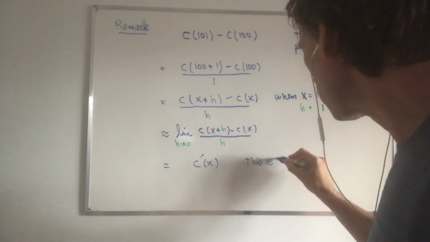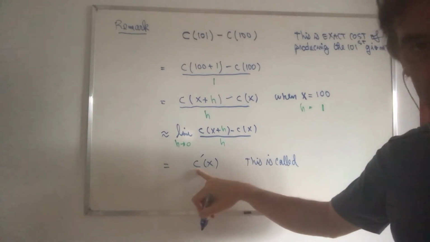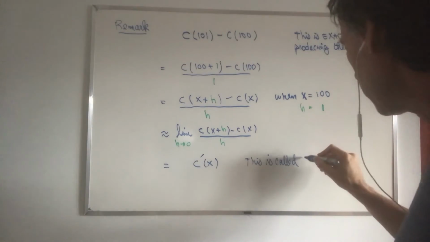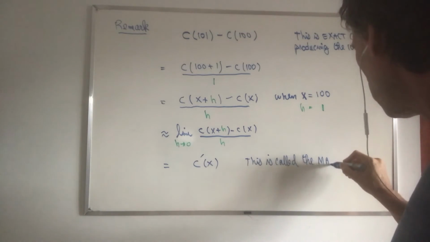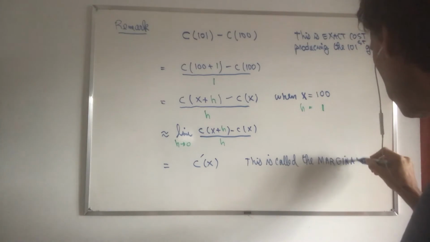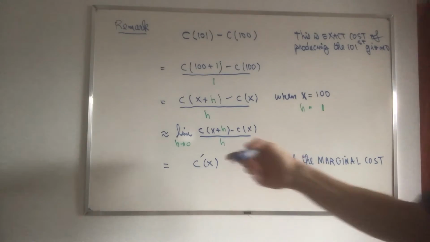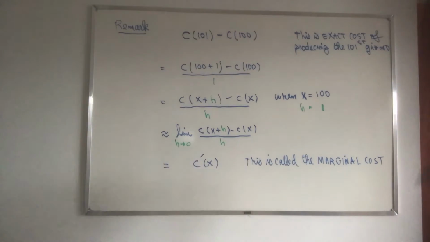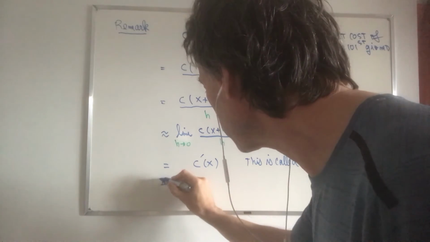In the literature, this C prime is called the marginal cost of the function C of x, obviously.